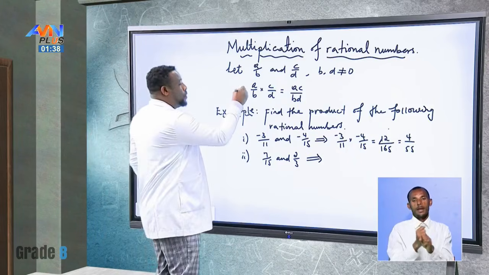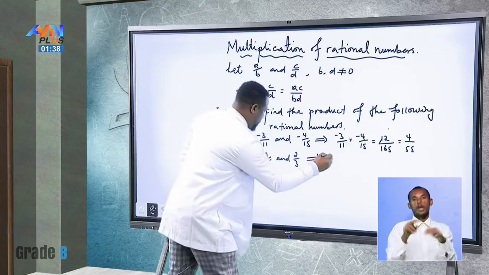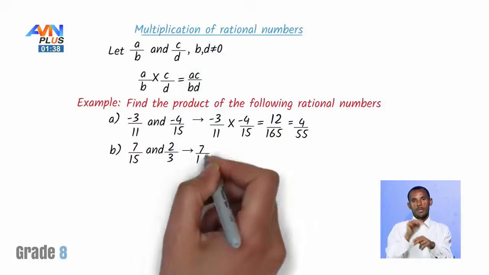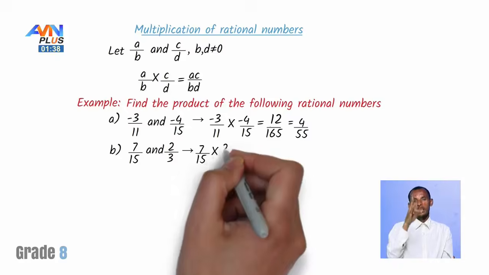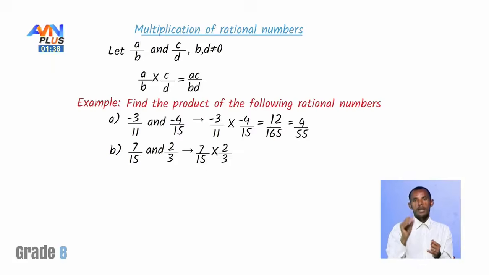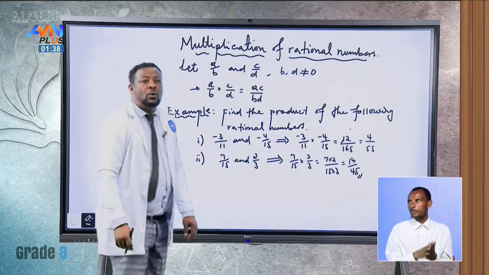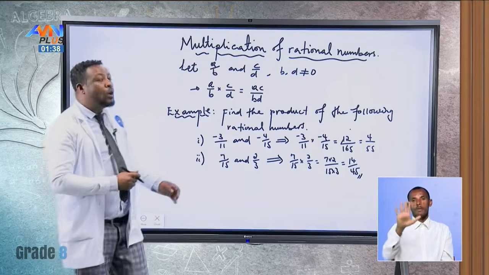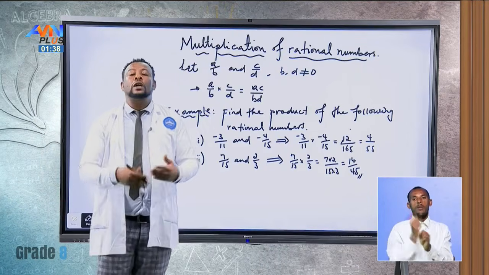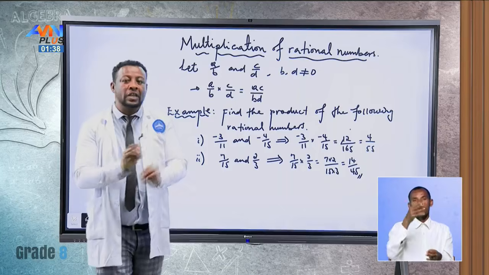Multiply numerators with numerators. 7 over 15 times 2 over 3 is exactly the same as 7 times 2 over 15 times 3. This becomes 14 over 45. So this is how we calculate the product of two rational numbers.